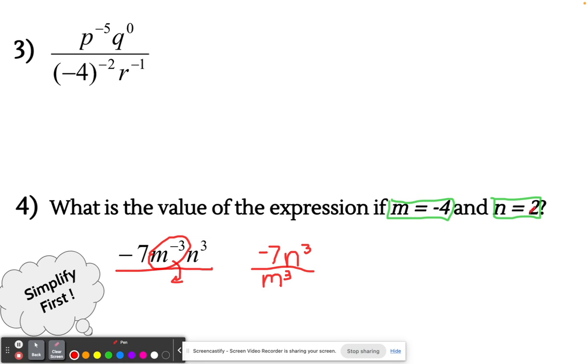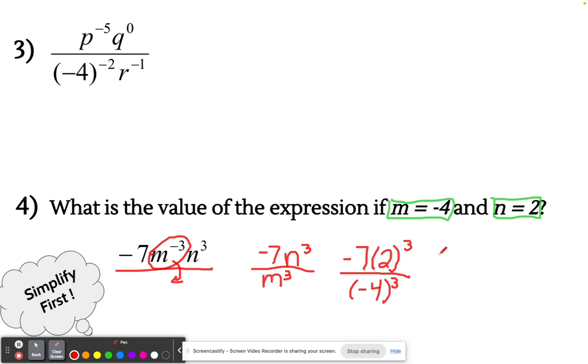Okay, and I'm going to put in 2 for n and negative 4 for m. So I have negative 7. When I plug these in, I usually put them inside parentheses so I know whether it's a positive or a negative number that I'm raising to a power. I have 2 to the 3rd power, then m is negative 4 that I'm also raising to the 3rd power.